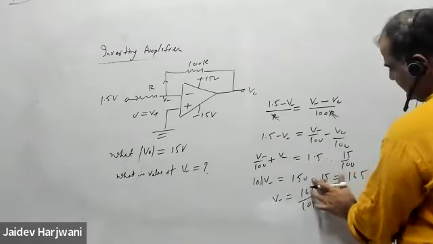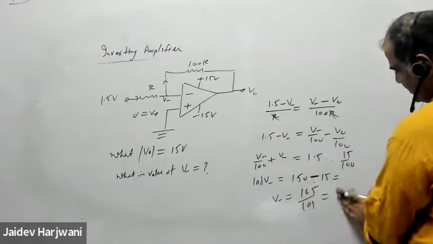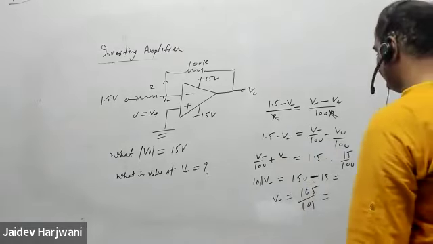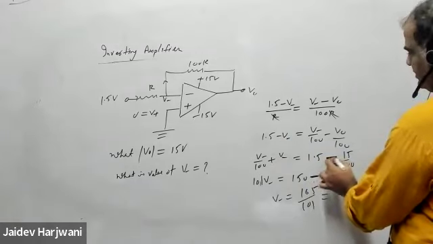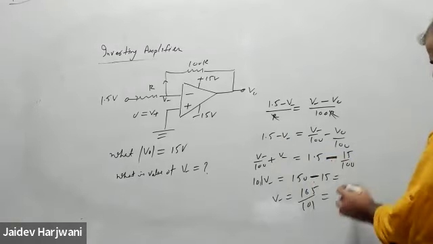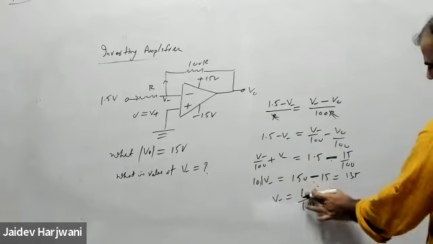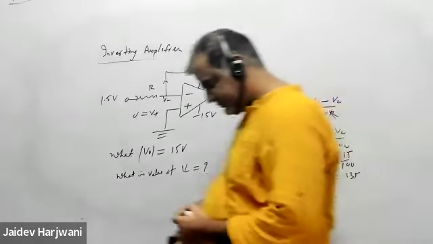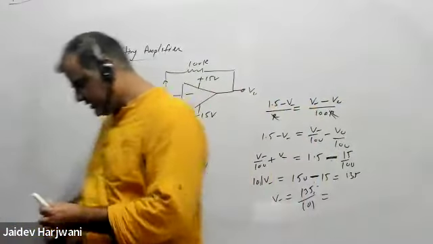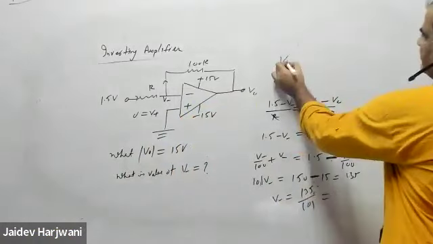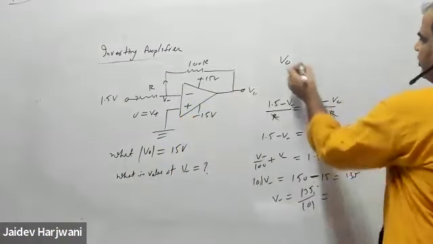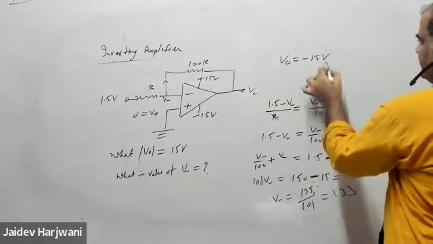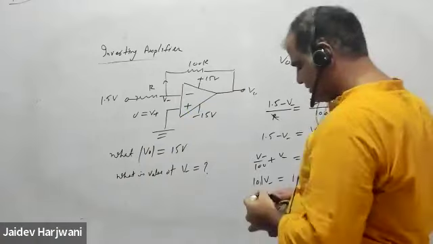This will come 135, not 165, since V naught is minus 15. So 135 divided by 101. How much is coming? 1.33. Because V naught magnitude is 15, but I'm using V naught as minus, so this will be 1.33. Please correct it in the calculation.